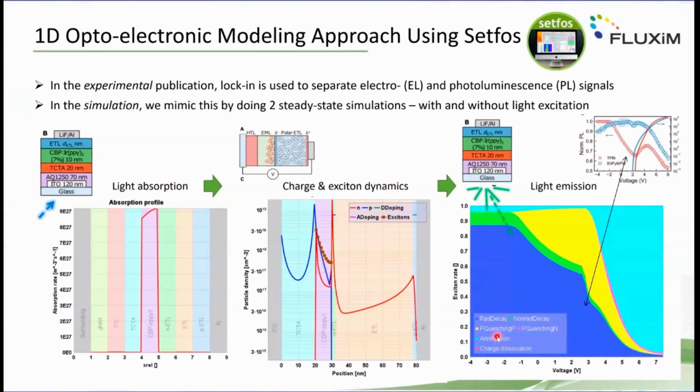And now, indeed, we can reproduce, at least qualitatively, this curve here of the drop in PL efficiency below voltage turn on, as you can see here, and the origin of this loss in PL efficiency is coming from charge exciton quenching.